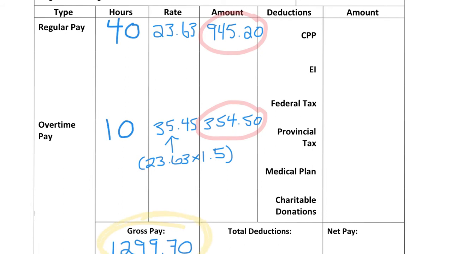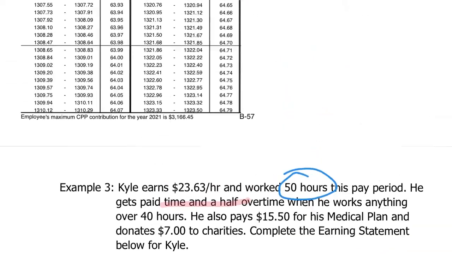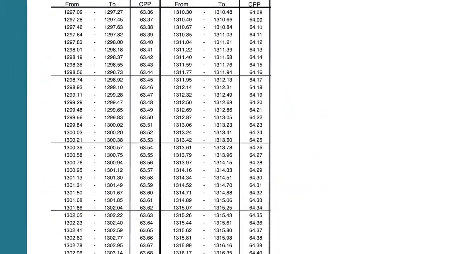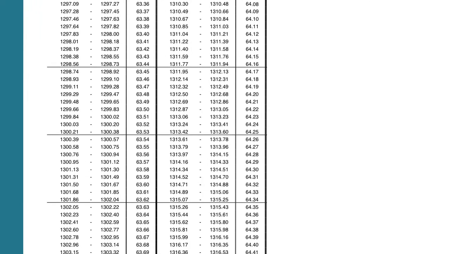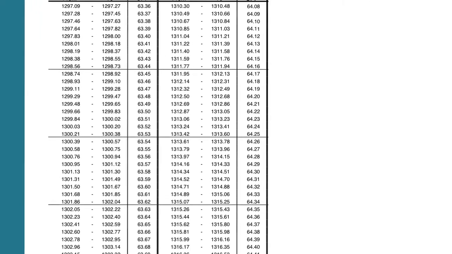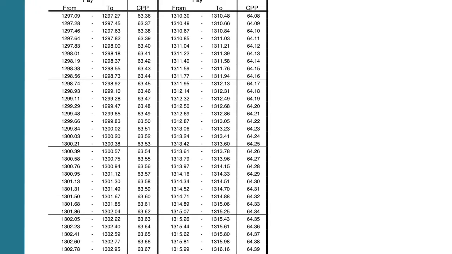And we should also note that his net claim code is 0. It says that there on the top of his paycheck. So we'll start with CPP. Let me find our CPP. Oh, that's the first one here. So he earned $1,299.70, and we need to find where that would be.